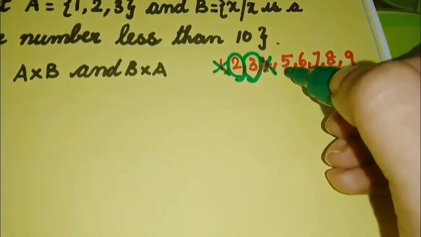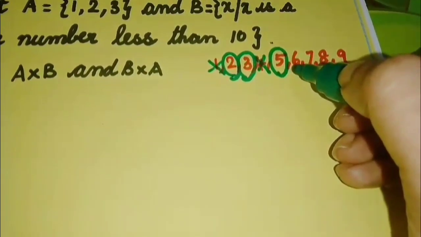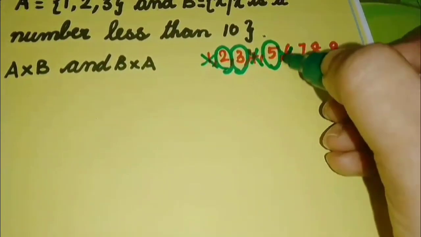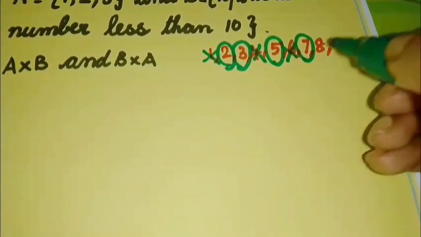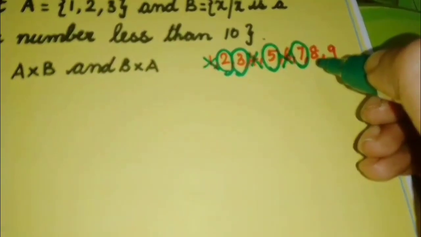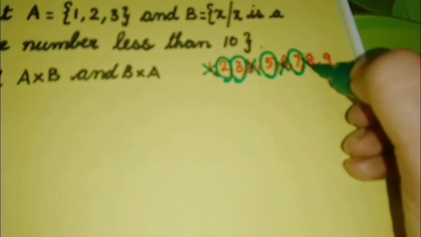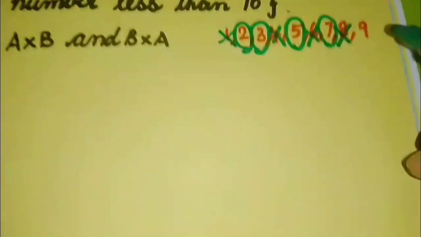Coming to 5. 5 can be divided only by 1 and 5. 6. 6 is not a prime number because it can be divided by 2 and 3. 7. Yes, it's a prime number. It can be divided only by 1 and 7. 8. No, it's not a prime number because it can be divided by 2, 4, 1 and 8. Then coming to 9.